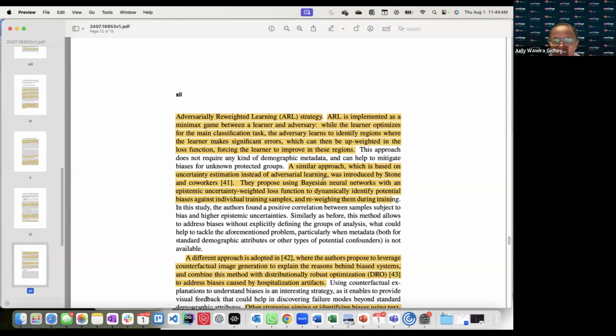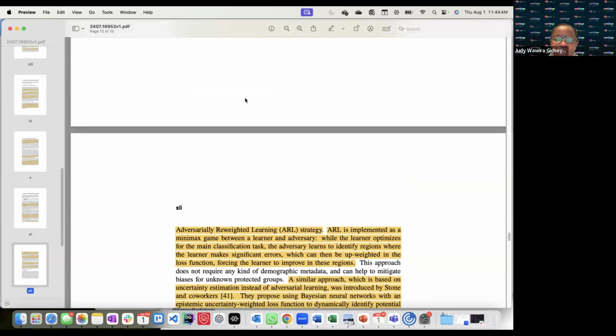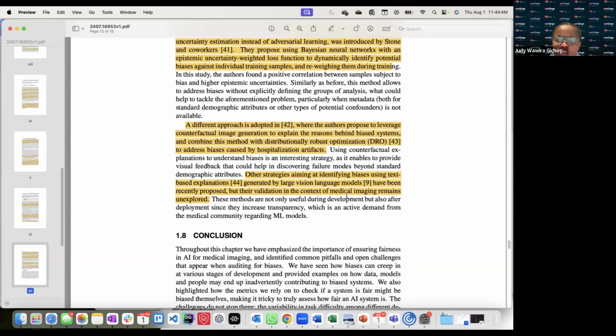I think we've seen adversarial learning. And then this Bayesian one, I have never explored it, but this is an uncertainty-weighted loss function. Most of these are trying to figure out how we can change the loss function. For Dr. Newsom, the loss function just tracks a little bit of whether the model is learning or not, in a more simplified way.